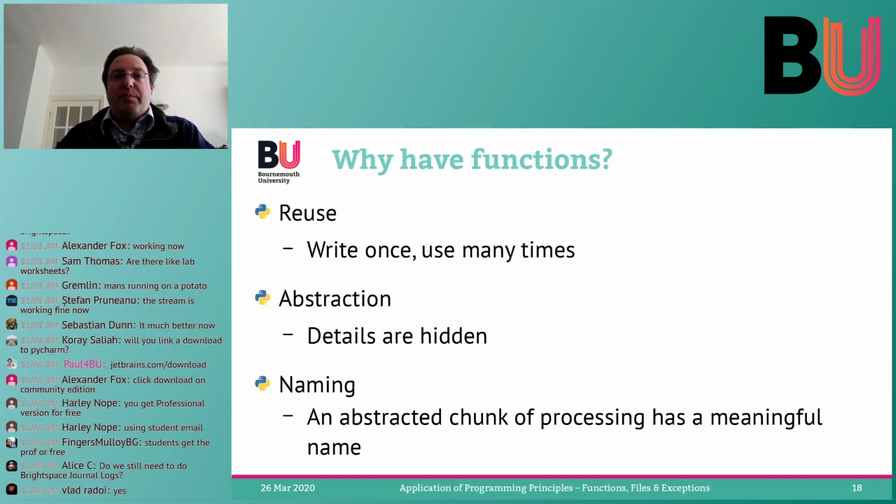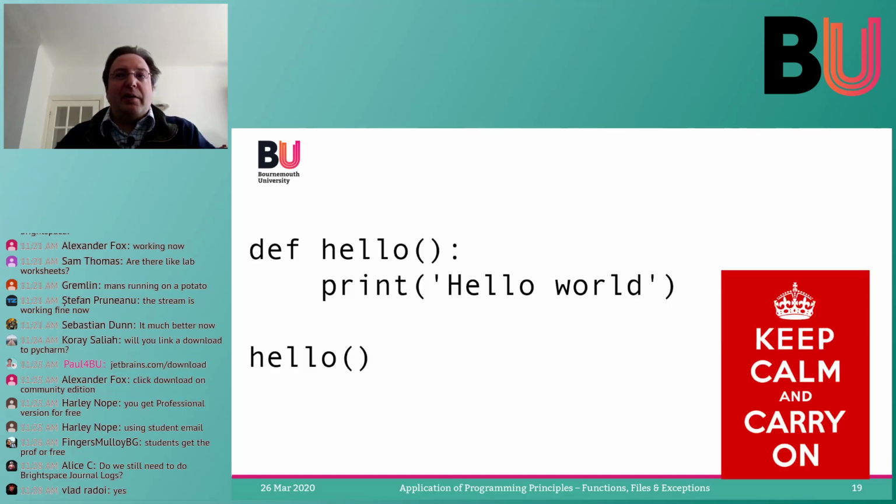So what does this look like? In this particular case, it looks like hello world. We have a function, and we print hello. We start out with def, for define.